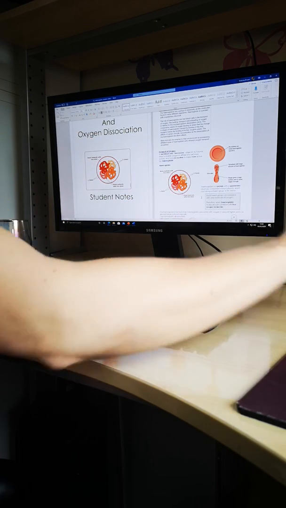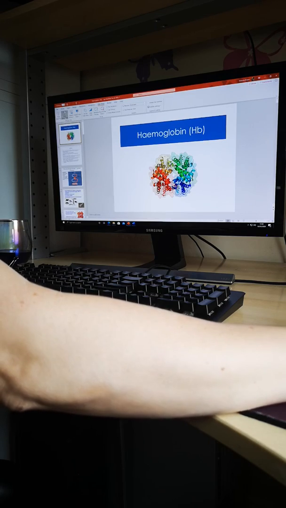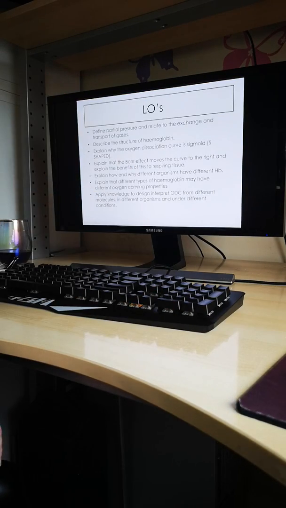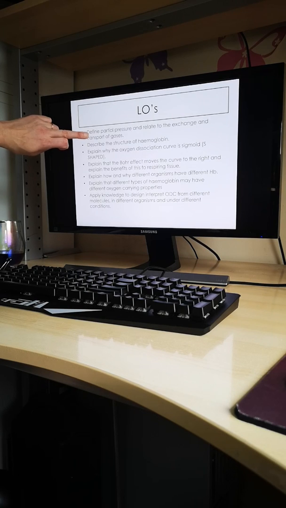Okay, so we're going to focus on haemoglobin now, and I will flip between both the PowerPoint and your student notes. The first thing we want to understand is that we're going to revisit the term partial pressure. We're going to think about the structure of haemoglobin.